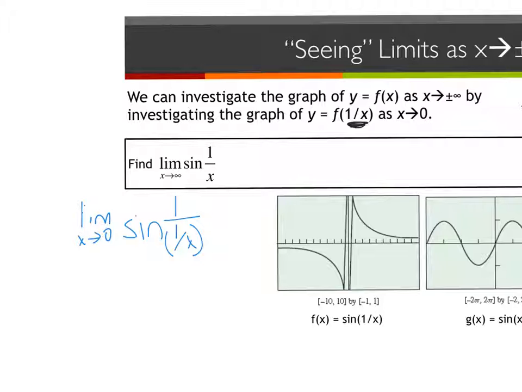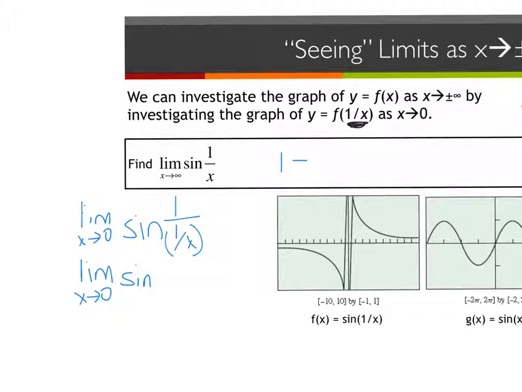Now, what is 1 over 1 over x? Does anyone know? What's a simpler way to write that? Nobody? Let's try it out.